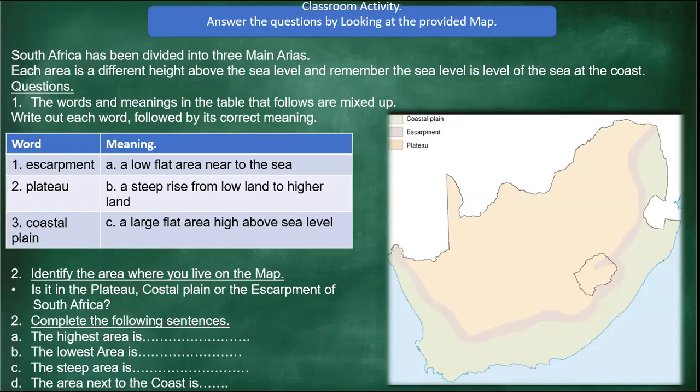The area next to the coast is the escarpment. That is correct. Thank you, my boy. Clap hands for yourself.